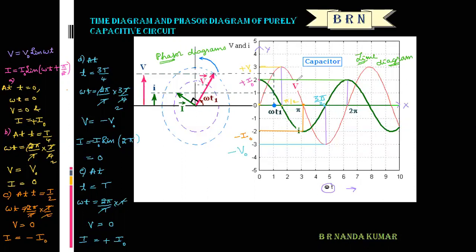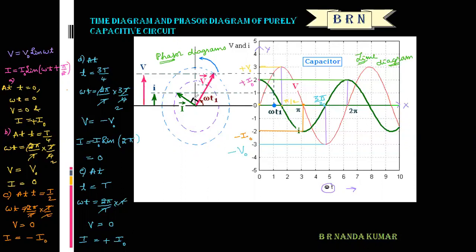Phasors means the alternating voltage and current are represented in the form of rotational vectors. So this is the rotational vector of alternating current in a purely capacitive circuit, and this is the rotational vector of voltage.